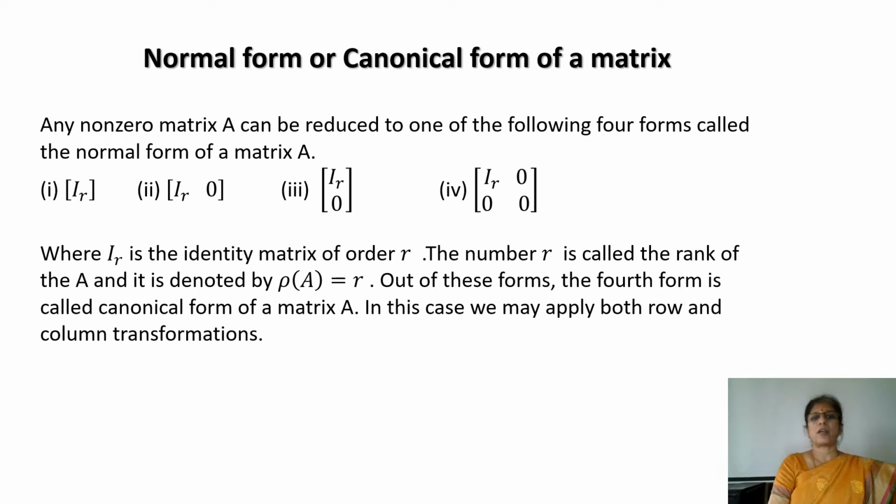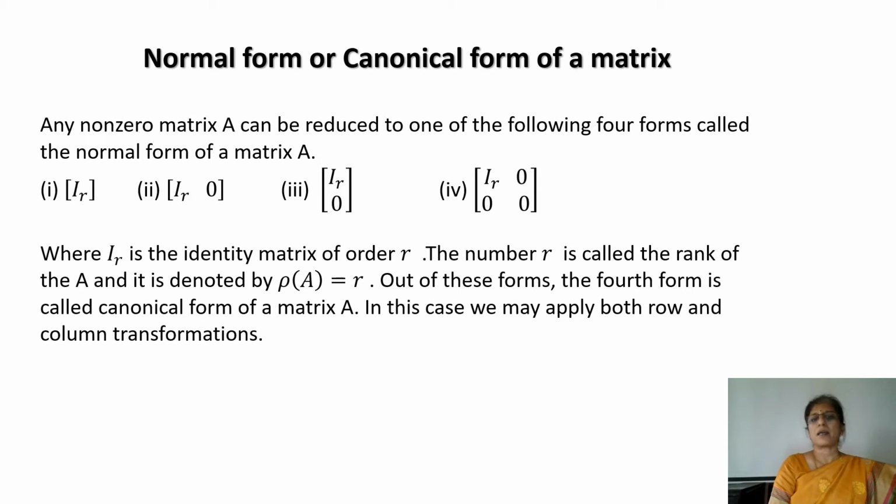Normal form or canonical form of a matrix. Any non-zero matrix A can be reduced to one of the following four forms called the normal form of a matrix A. If A is a matrix, then it can be reduced to a unit matrix, that is I_r, which is the first form, then [I_r 0] as a column-wise form, [I_r; 0] and [I_r 0; 0 0], where I_r is the identity matrix of order r.